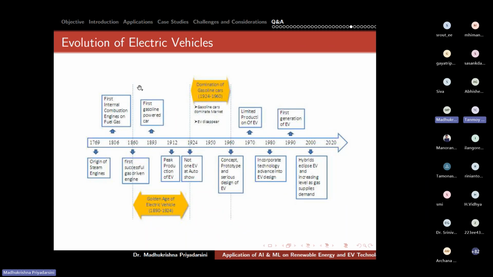This slide shows the evolution of electric vehicles, how from 1769 they started, and what the condition is till 2020. I will discuss how in electric vehicles we are going to implement the AIML part only.